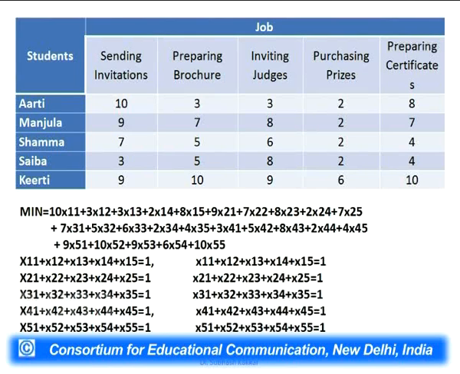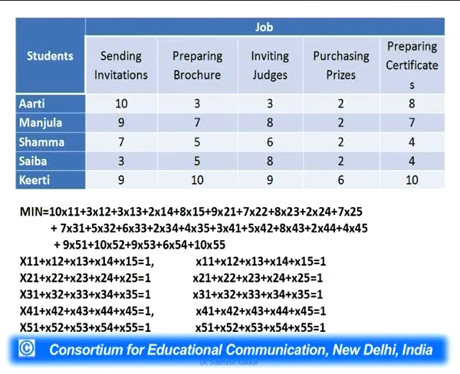Now, if we see the names of the students, these are written in the first column. The first student takes 10 hours in sending invitations. The second student takes 9 hours in sending invitations, and similarly other students and their timings are mentioned. The second column also gives the timings, and these times are taken by different students in completing the second job, preparing brochures.